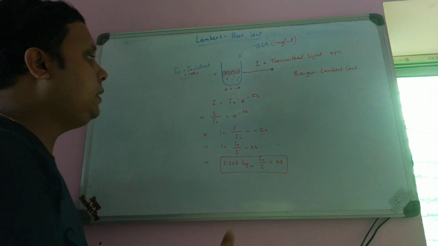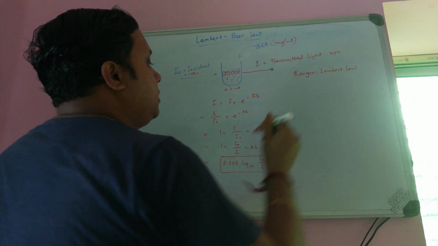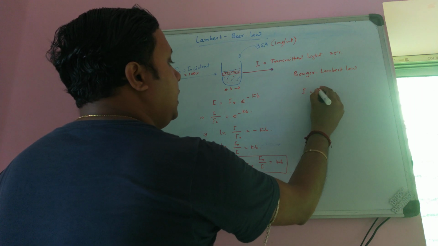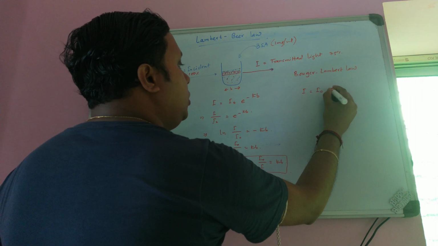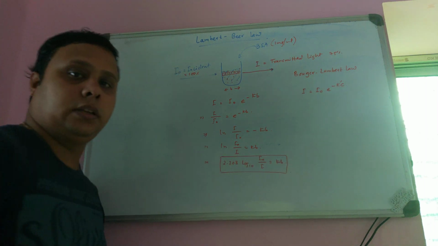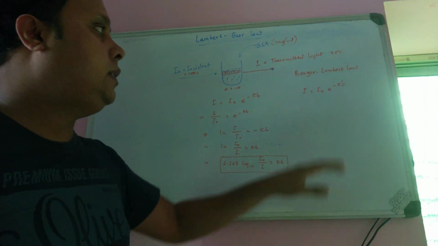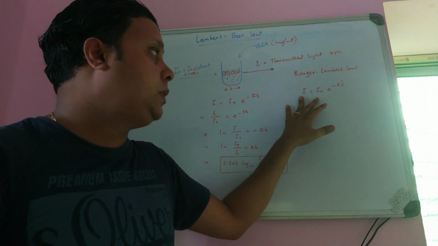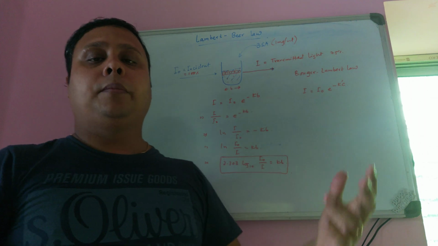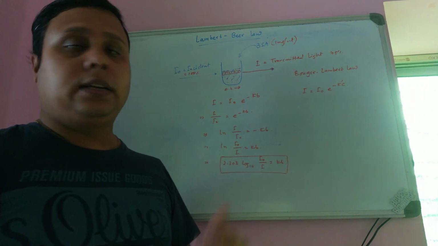So we can rewrite this expression in the form of Beer's law. If Beer's law is true, then I is equal to I0 into e to the power of minus K'C. In this case I0 is again the intensity of the incident light, I is the intensity of the transmitted light, K' is the absorptivity constant, and C means the concentration.